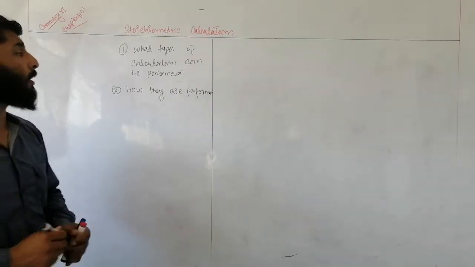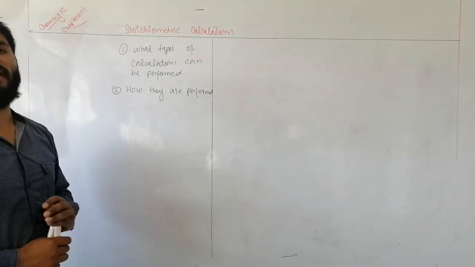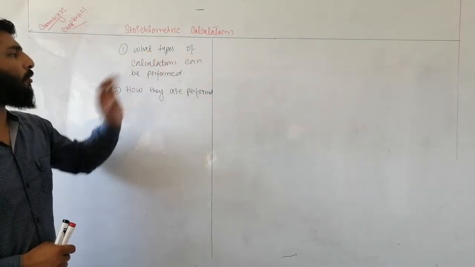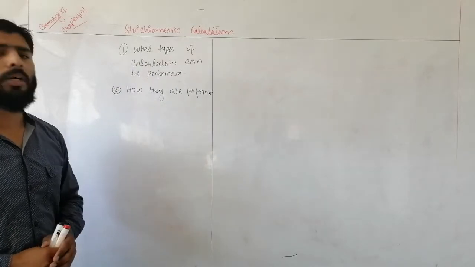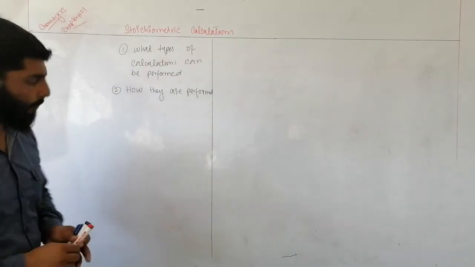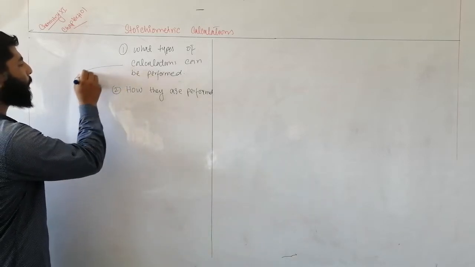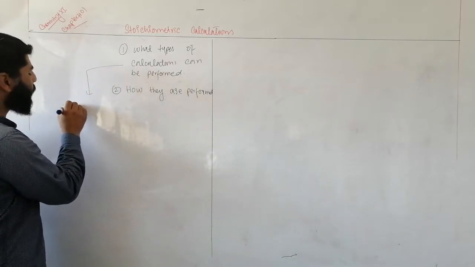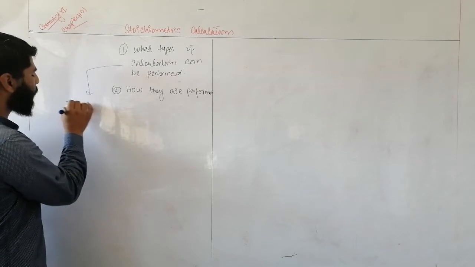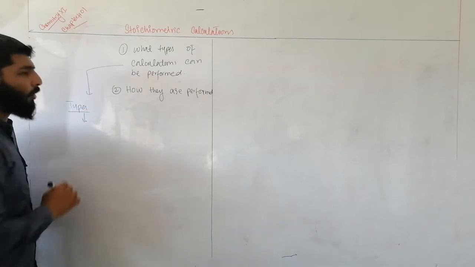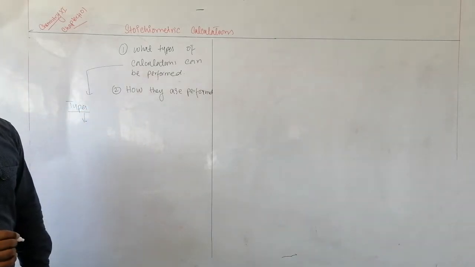There are two things which you always have to keep in mind. Number one, what type of calculations and how they are performed. Number one, what type of calculation? Dear students, you have the following types of calculations.